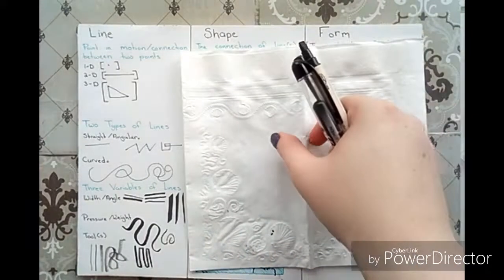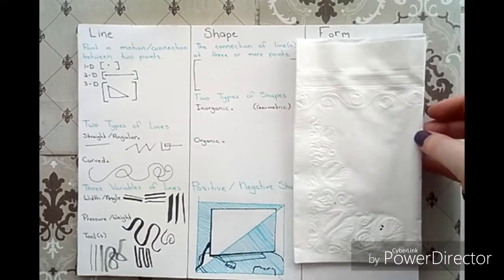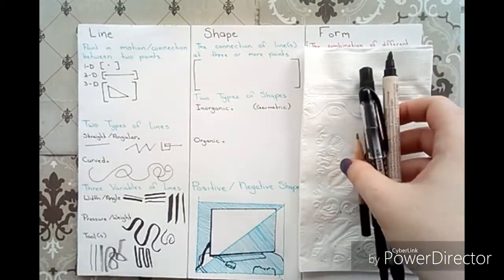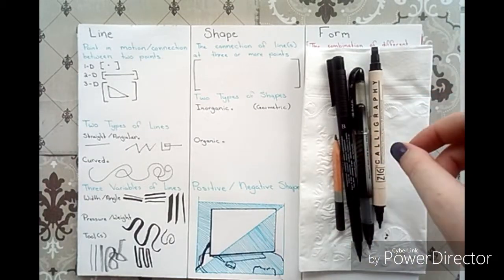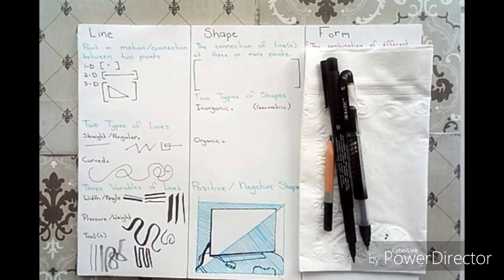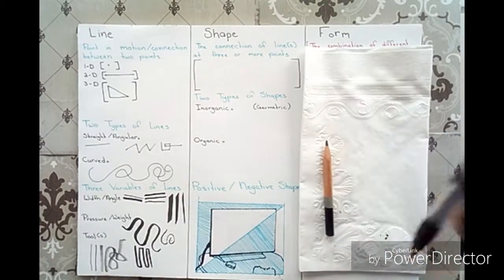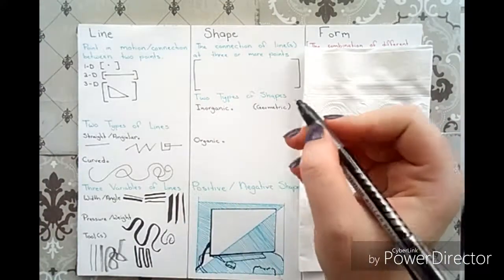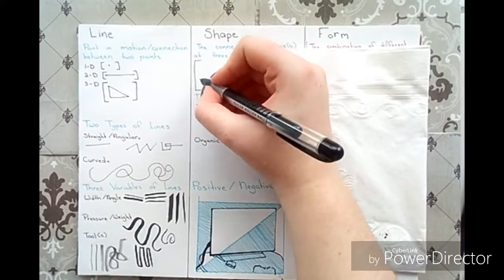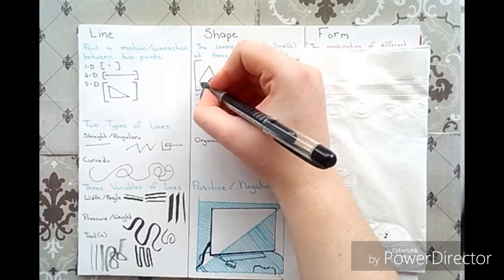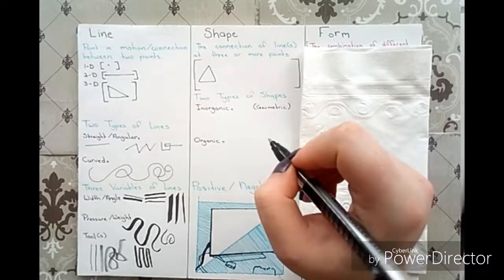So let's talk about line in regards to shape. A shape is the connection of lines at 3 or more points. So we start with a basic. Let's cover these bad boys up, so I don't want them drying out. And just go with our handy dandy pen, because it's darker. I kind of prefer it. So triangle starts us off with the whole idea of 3 connected points.